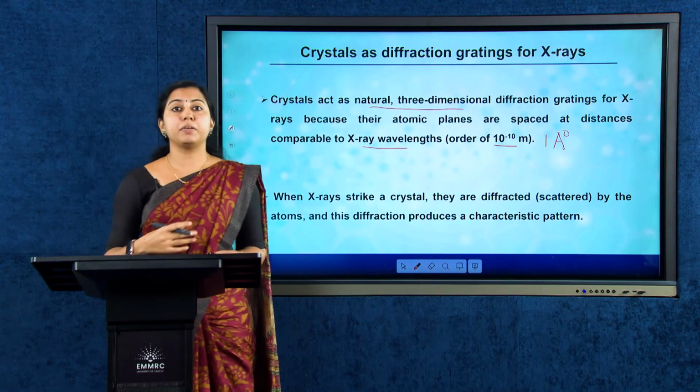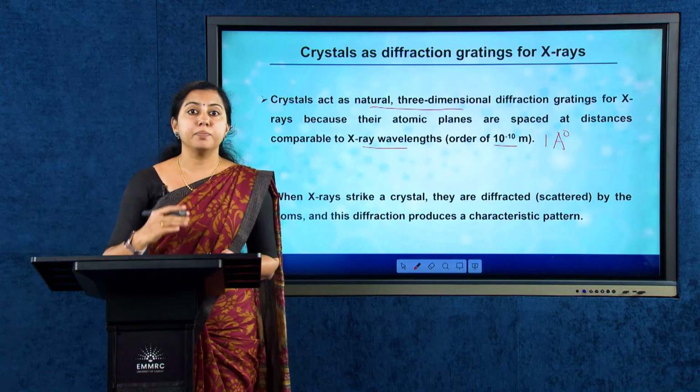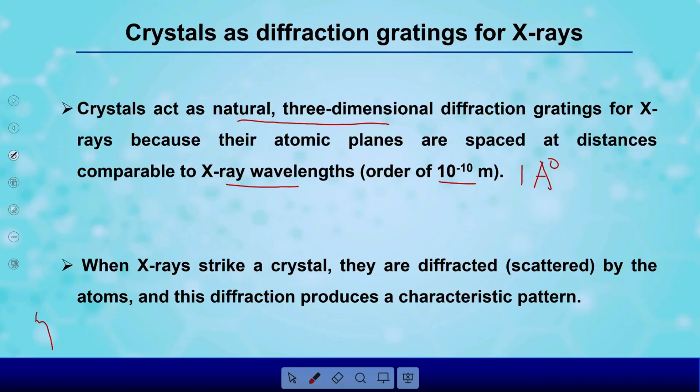So, the spacing between the atomic planes in the crystal is also of the same length. When X-rays strike a crystal, they are diffracted or scattered by the atoms, and this diffraction produces a characteristic pattern.